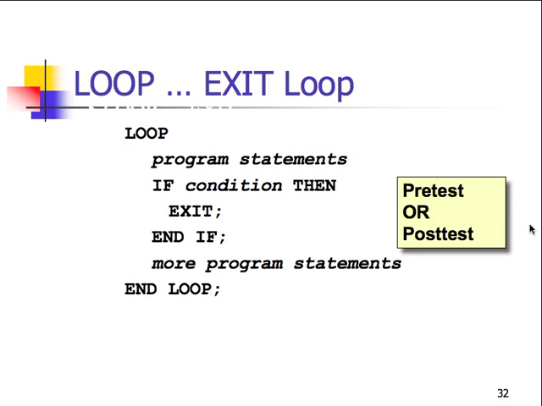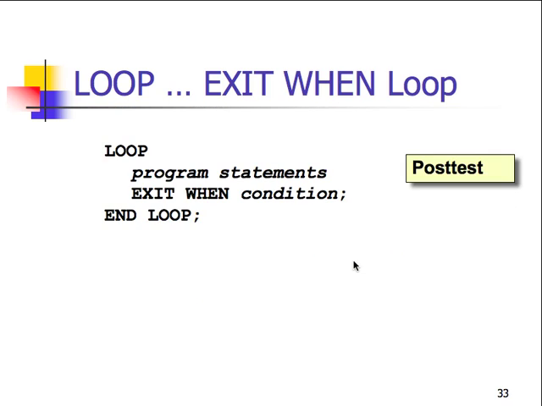And here's our loop. It's actually called a loop. There's no do, there's no while. It's called LOOP, L-O-O-P. So loop, and you have the program statements in here, then it says if a condition, then exit, and then you have an end if. Then you have more program statements, and then you can end the loop. So there's a pre-test or a post-test associated with that, depending on the way that you're designing the loop and how you're going to run it.